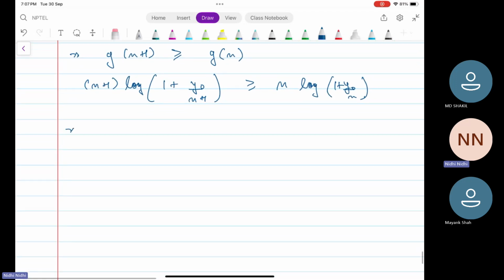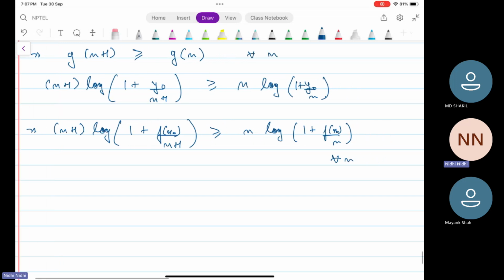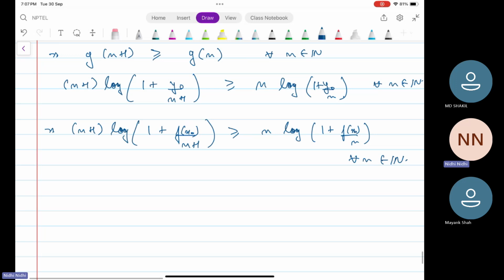Since this y naught was f of x naught, this is just n plus 1 times log of 1 plus f of x naught upon n plus 1, which will be greater than or equal to n log of 1 plus f of x naught upon n. This is happening for every n in N, because g was defined for positive real numbers.